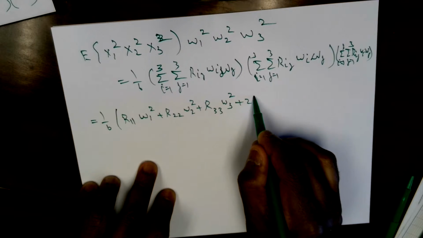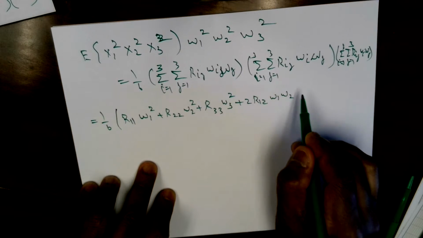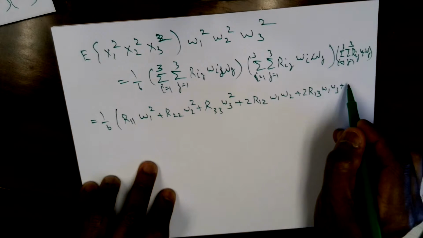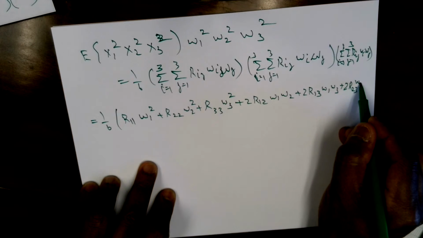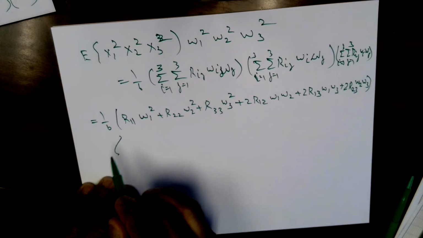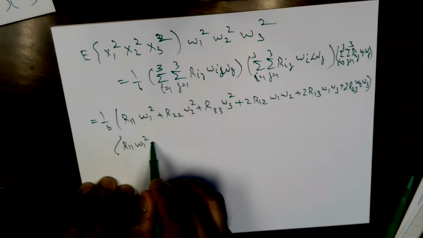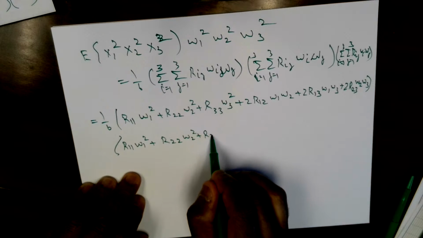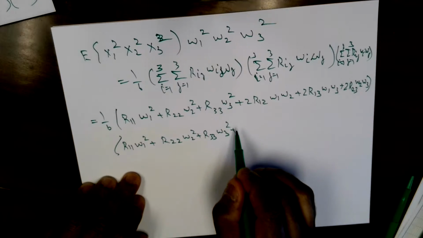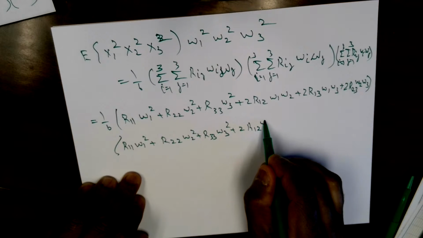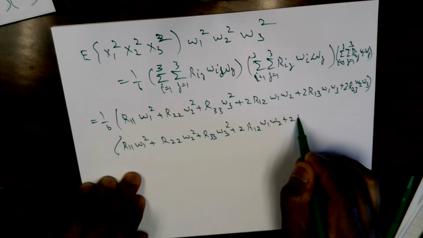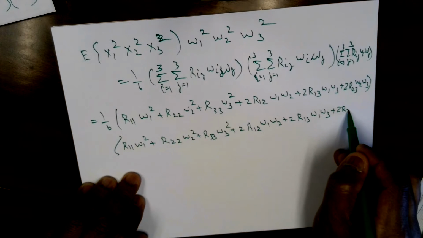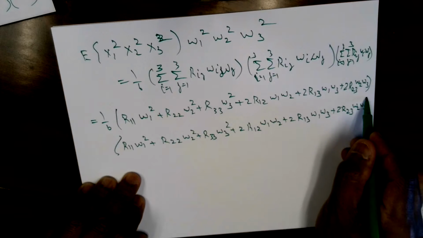Anyway, plus 2R12 omega 1 omega 2 plus 2R13 omega 1 omega 3 plus 2R23 omega 2 omega 3, multiplied by R11 omega 1 squared, same thing, just 3 times, R22 omega 2 squared, R33 omega 3 squared, plus 2R12 omega 1 omega 2 plus 2R13 omega 1 omega 3 plus 2R23 omega 2 omega 3.